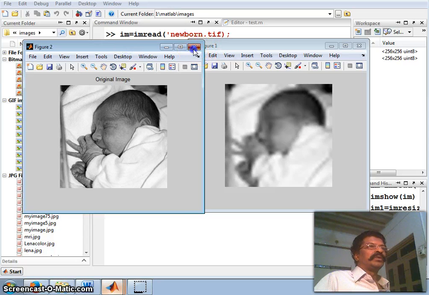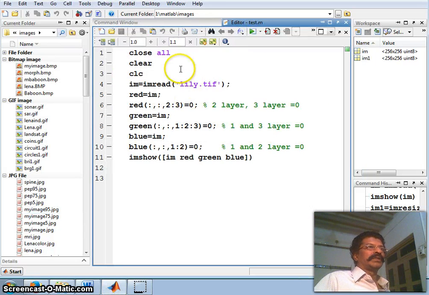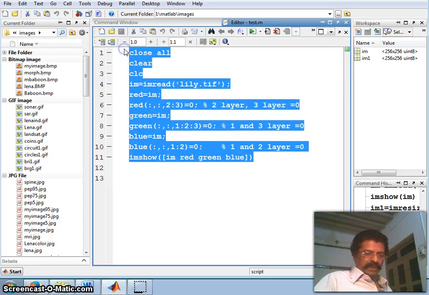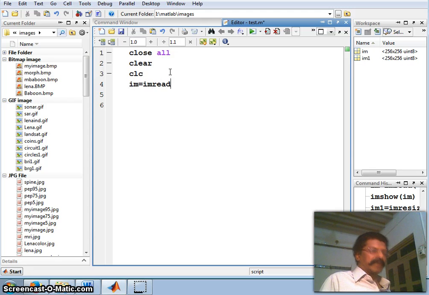This we shall do by seeing all the other resolutions. Therefore I will take a new MATLAB file. Let us close all the figures if any are open, clear all the memory, and clear the command window. I will take the image equals imread newborn.tif. Alright, and we shall show the images at the end.